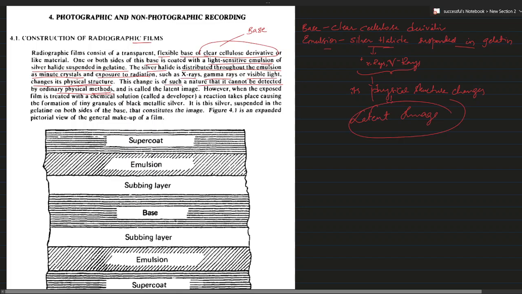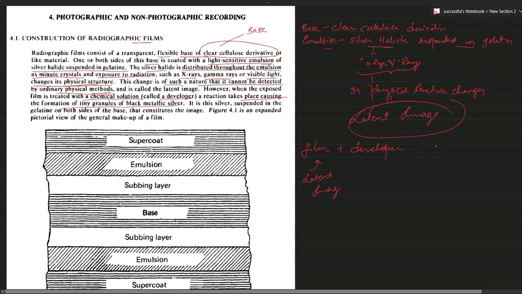However, when the exposed film is treated with a chemical solution called developer, film plus developer, it contains what? Latent image. The reaction takes place causing the formation of tiny granules of black metallic silver.